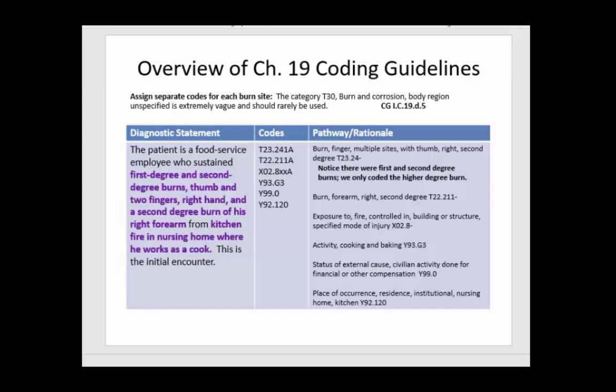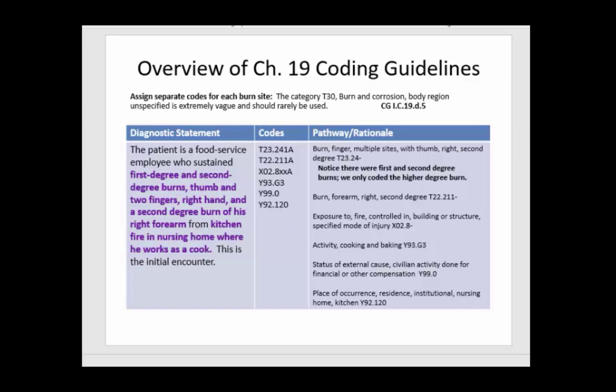So even though he sustained first and second degree burns, multiple sites on his right hand, we're only going to code the second degree burn. Then we code the second degree burn of the forearm. Then we get into those external cause codes. Exposure to the fire, the activity he was cooking, he was working, so we're going to use that Y99.0 code, and last of all, it gives us the place of occurrence.